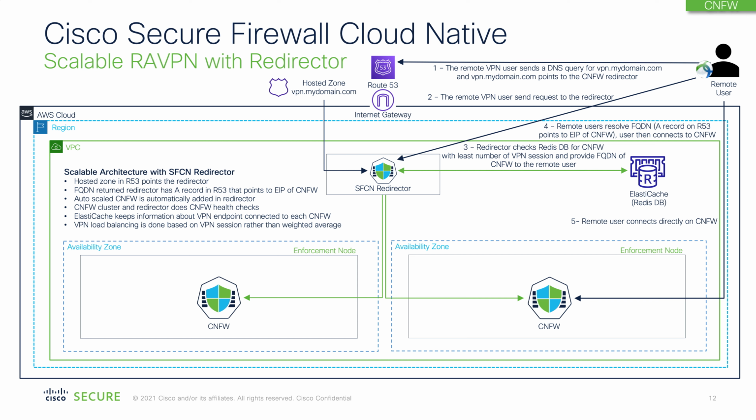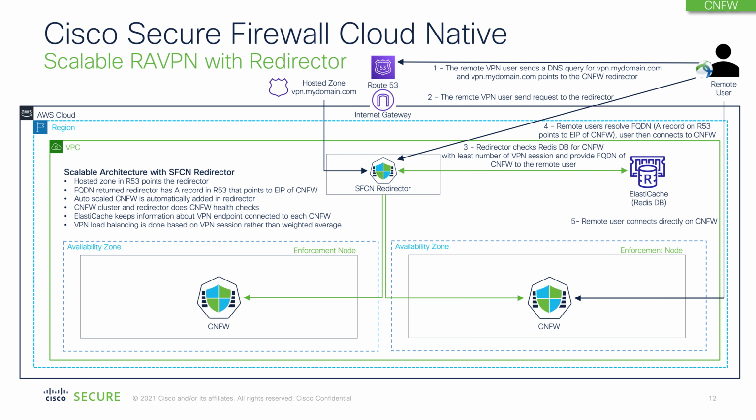By using this architecture, we have solved two problems. First, instead of using weighted average load balancing, which is not a good method of load balancing for VPN sessions because VPN sessions are long-lived, we now balance on session counts. Second, we have also added externalized data in the Redis cache. So imagine you connected to EP2 and something happens to EP2.